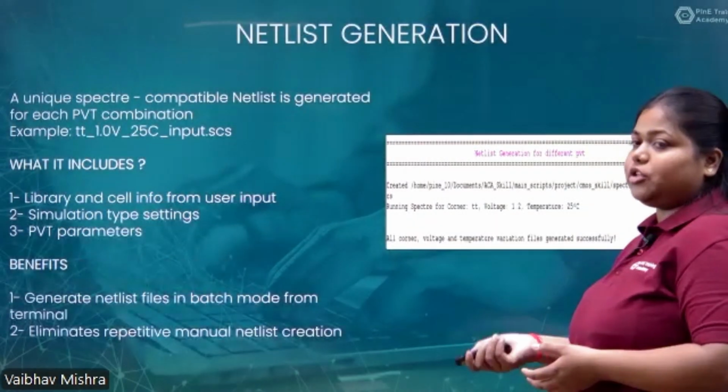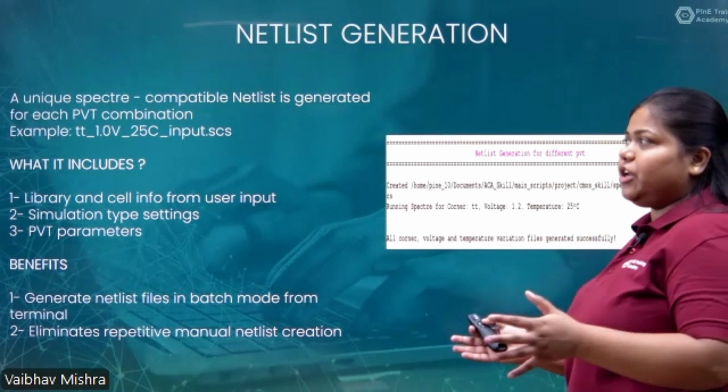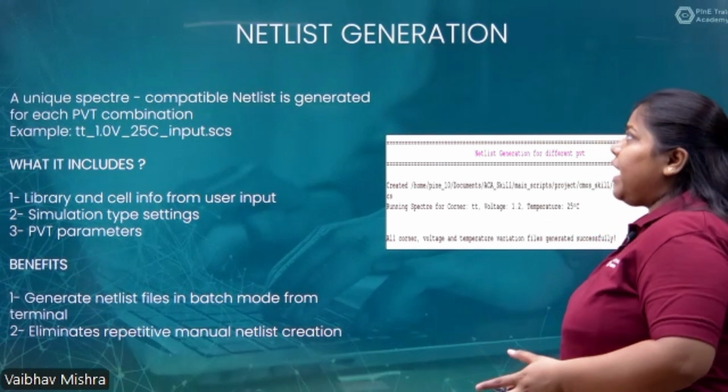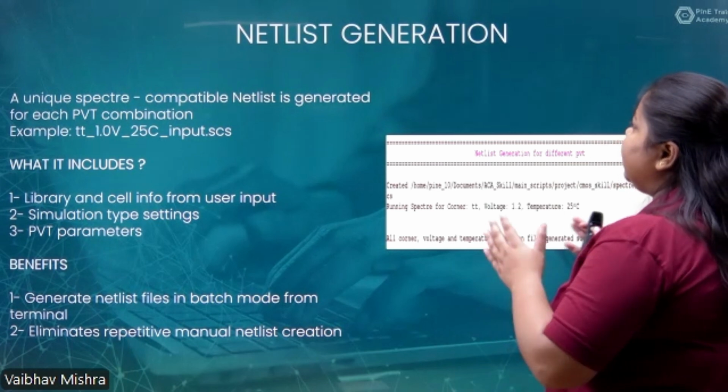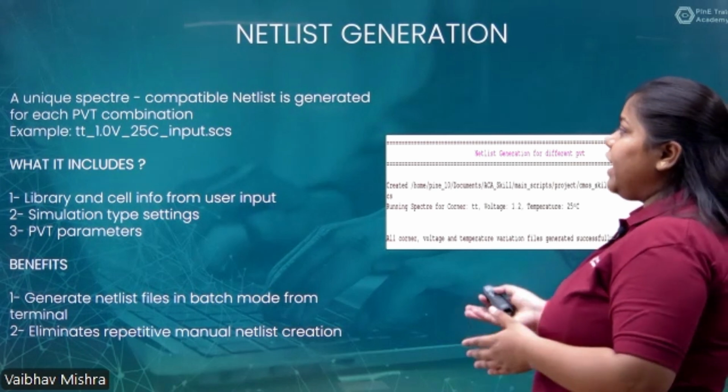Let's move forward with netlist generation. After each and every input file and all the setup has been done, the netlist file will be generated for each particular PVT corner that you have mentioned.